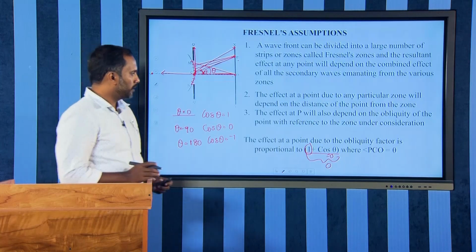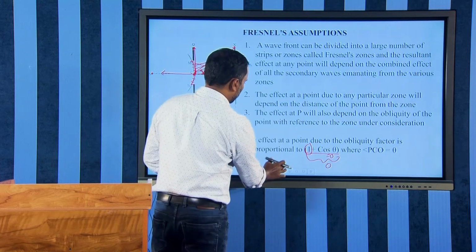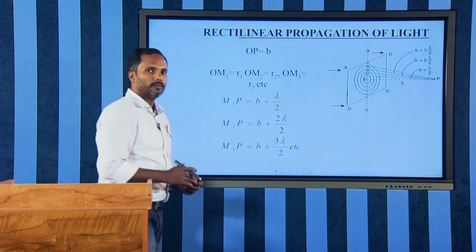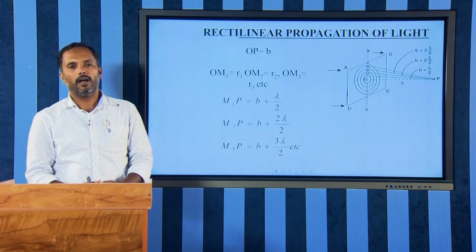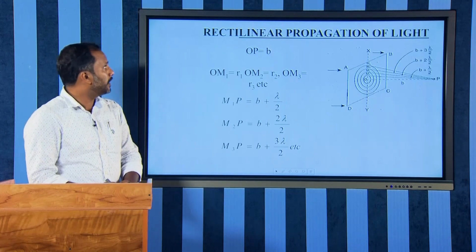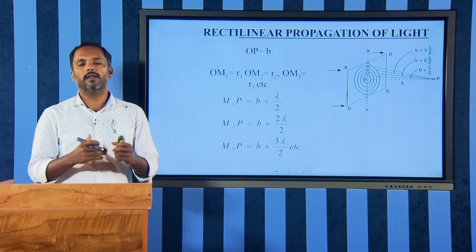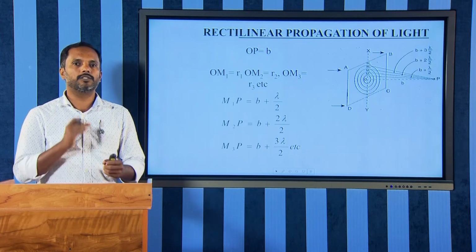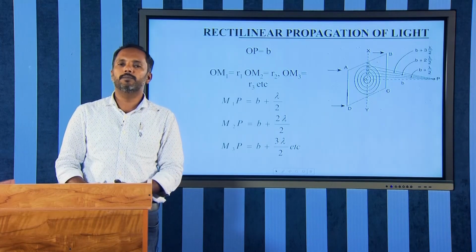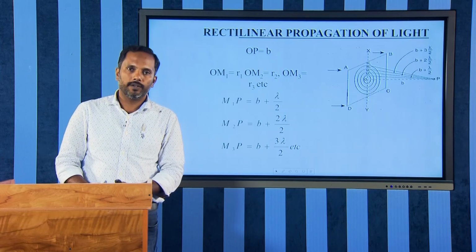Now, we will discuss another concept of light using these Fresnel-Huygens assumptions, that is the rectilinear propagation of light. How does light propagate in a straight line with the concept of wavefront?